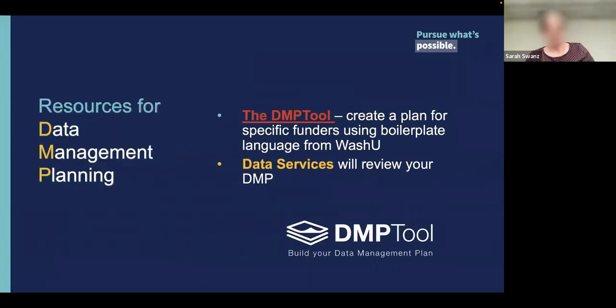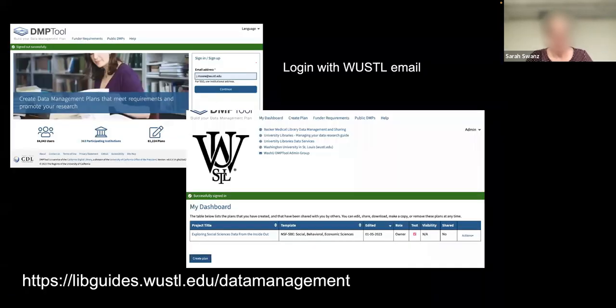So resources for data management plans. There's something called the DMP tool that we have a subscription to, and it helps you create a plan for specific funders using some boilerplate language, and we can help you with that. So I'm going to walk through here.